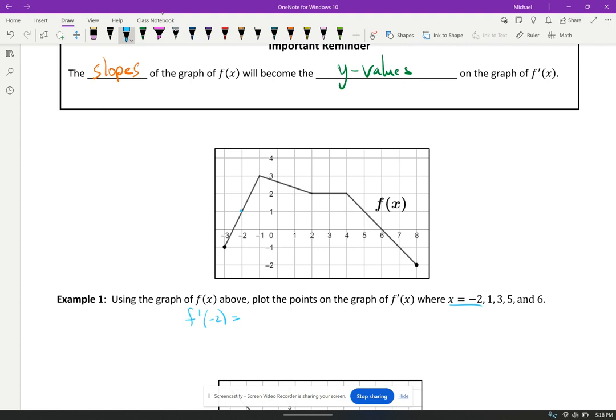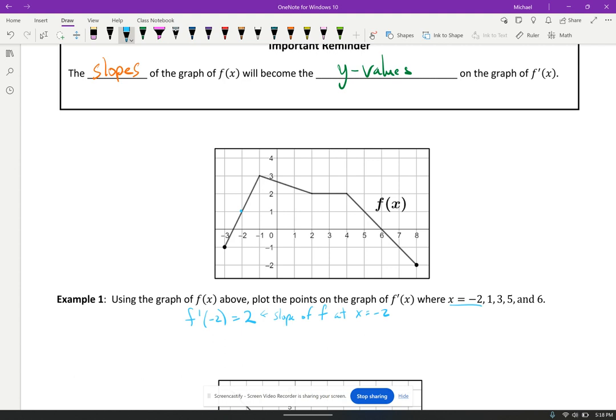So f prime of -2 would be 2 because this is the slope of f at x equals -2. In a little bit, we're going to create a graph for f prime that's going to include the slopes of f as the y values on my new graph.